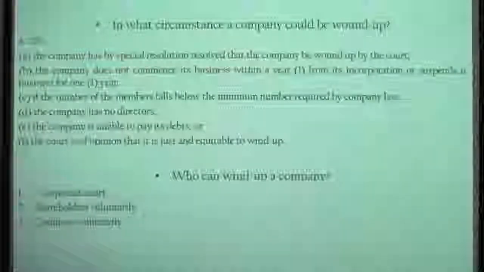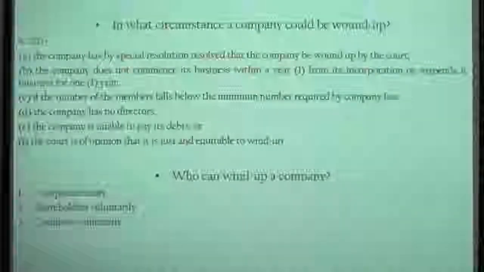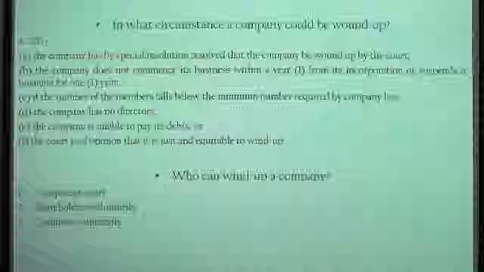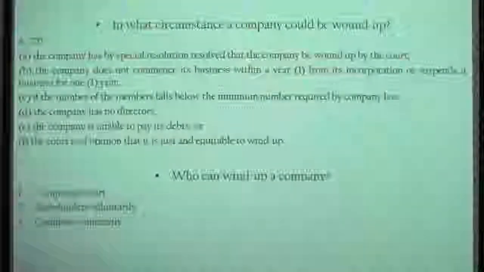So, that became the reason that the company was wound up. The company could not pay its debt. So, when a company comes to such a situation where it is unable to pay its debts, and there is no way that even by selling the assets of the company it may be able to pay off its complete debt burden, then such a company can be wound up or shall be wound up.